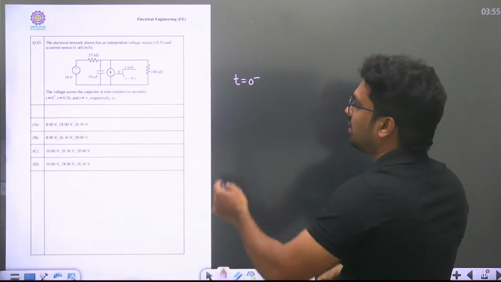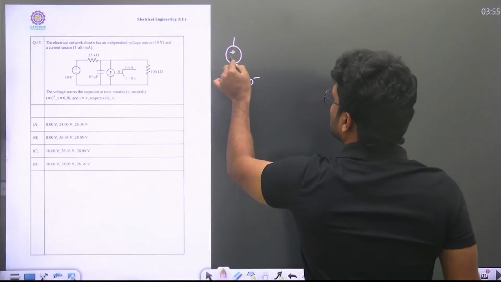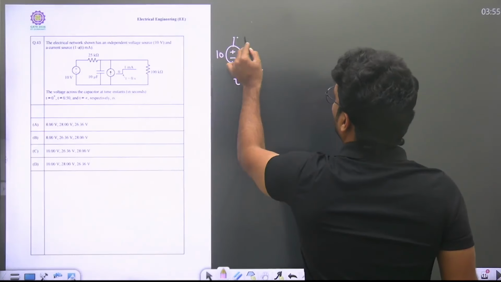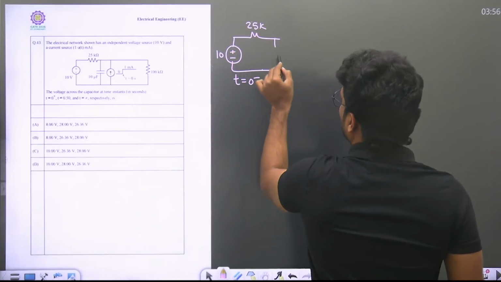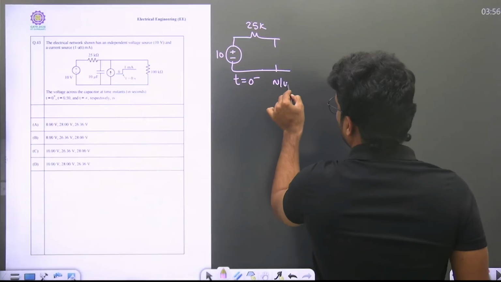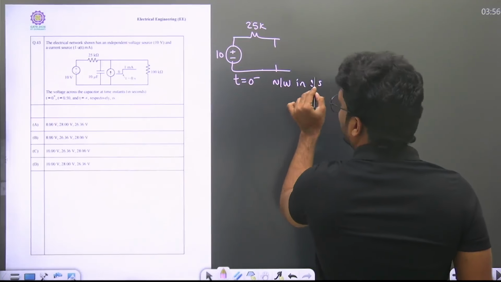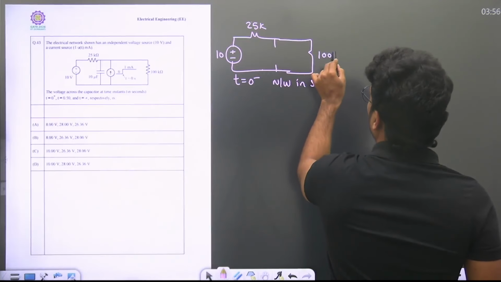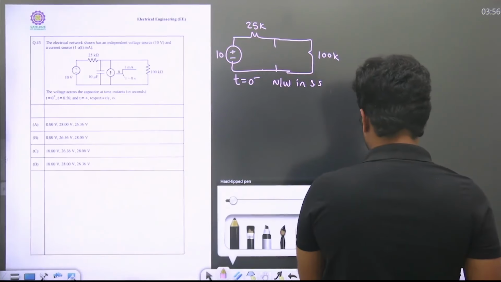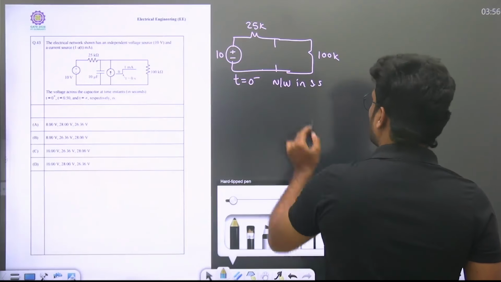Before that, what do I have? A 10 volt source, a 25k, and a capacitor, which will be an open circuit because 10 volts is present in the network for a long time. What is my network? Steady. And this is 100k. Capacitor acts as an open circuit.